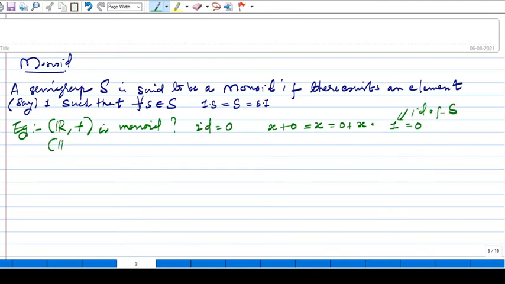When you look at multiplication, it is also a monoid, because the identity here is 1. If you multiply any number with 1, you will get the same number, including 0, because 0 times 1 equals 0, right? So that's the identity here.